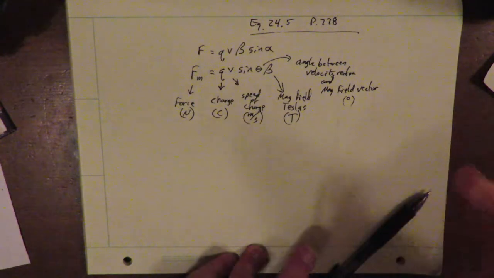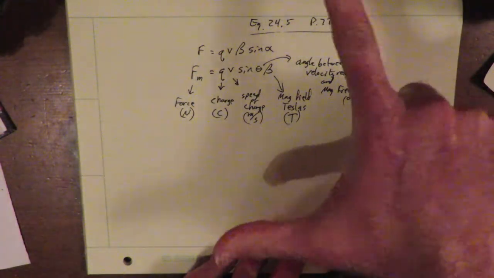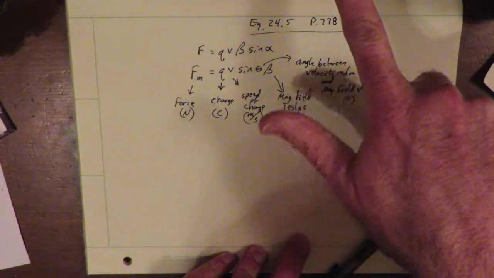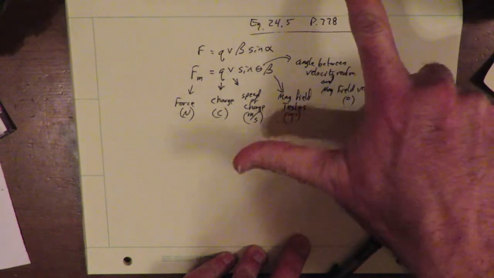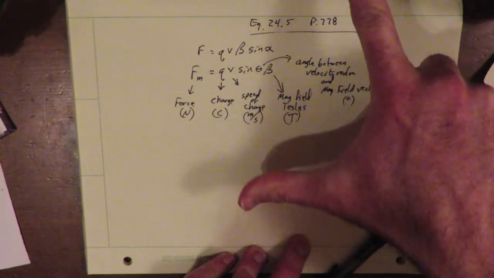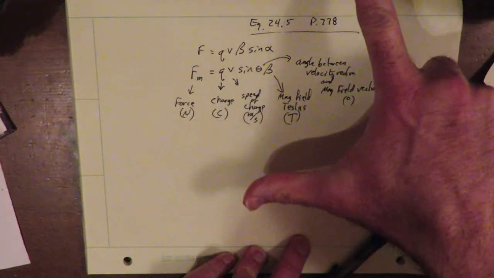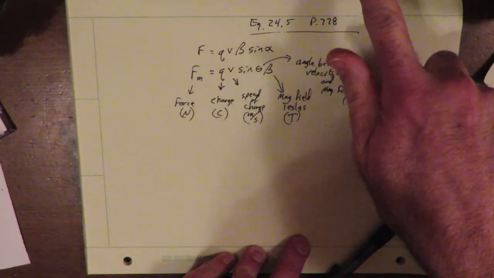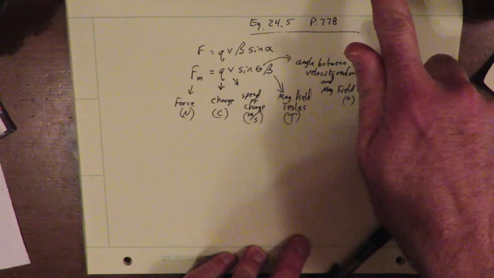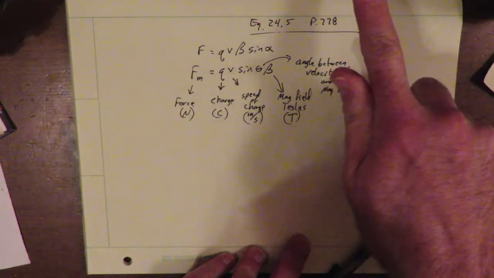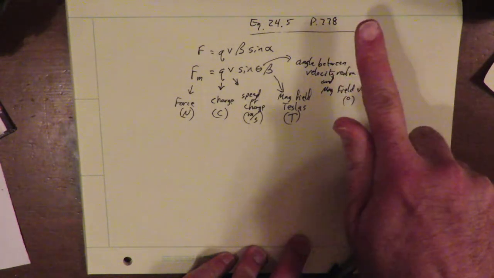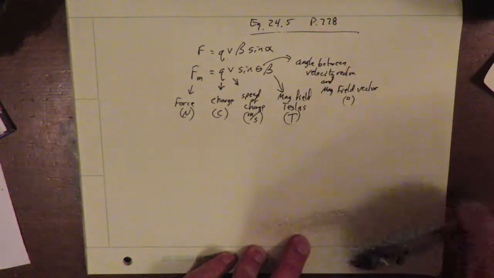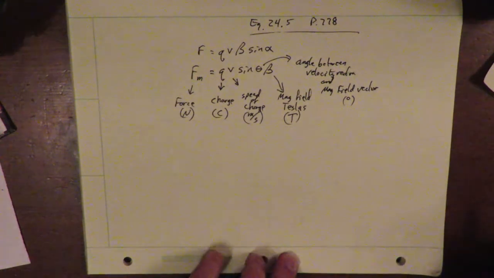When you're doing your right-hand rule, it's the angle between the thumb and the forefinger. So if the thumb and the forefinger are at 90 degrees, you get full force, and if it's less than that, you get less than full force. And if the magnetic field and the velocity vector are truly parallel, then there is no force whatsoever, because the sine of 0 is 0.